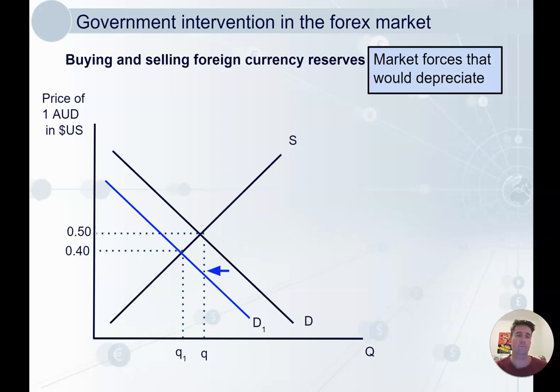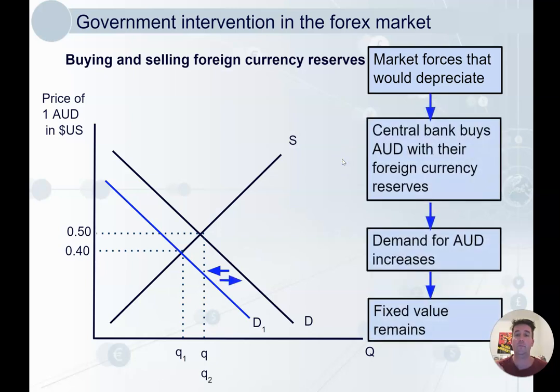Here, we've got an Australian dollar, and let's say it's worth 50 US cents, and then it depreciates. We've got market force depreciating, decrease in demand for the dollar. Whatever happens, people don't want our exports as much, so decreased demand. Great. So what happens is the central bank would just go in and they would take their US dollars that they have and they would buy Australian dollars.